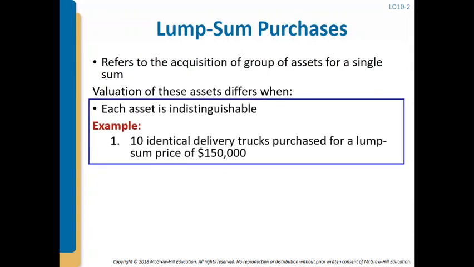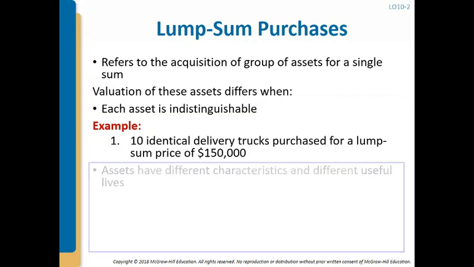Lump sum purchases. So you're purchasing a bunch of assets for one price here. So how do you handle that? And usually it's going to be the second example.